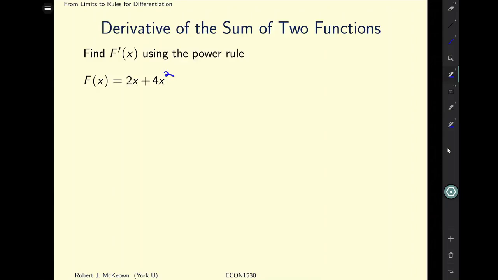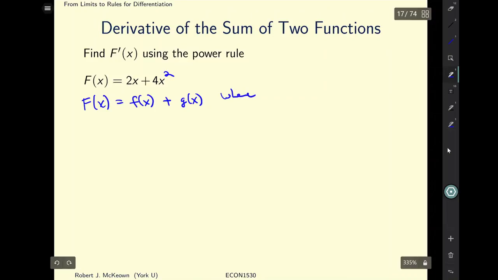It turns out that if we take the derivative of this, we can treat each term separately. So you'll notice that we could write this as f of x plus g of x, where f of x is equal to 2x and g of x is equal to 4x squared.